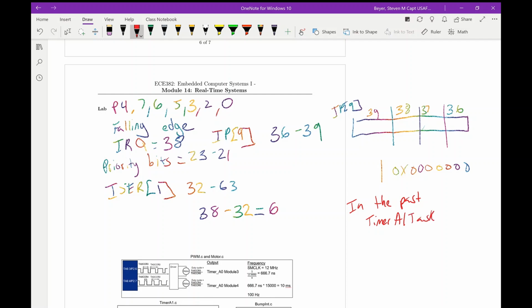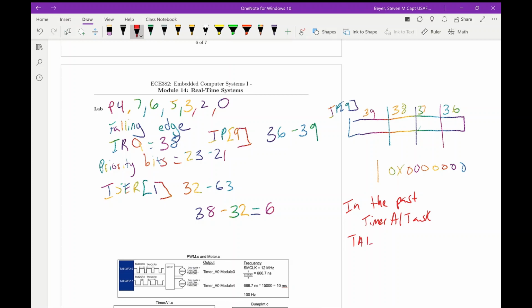And in it, the timer A1, so TA1_0 IRQ handler, we would pass in a pointer to the function that we wanted to call, and that function had no inputs.